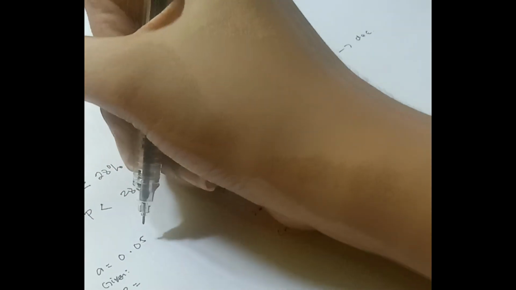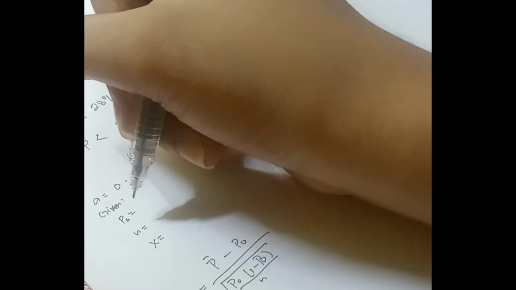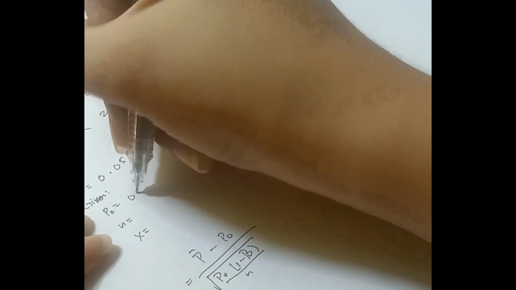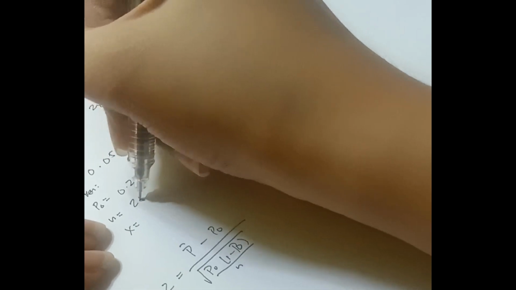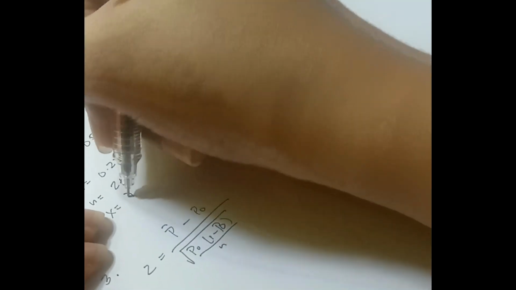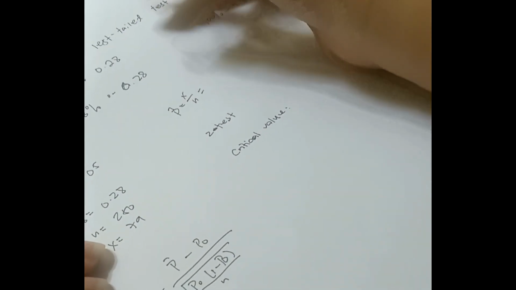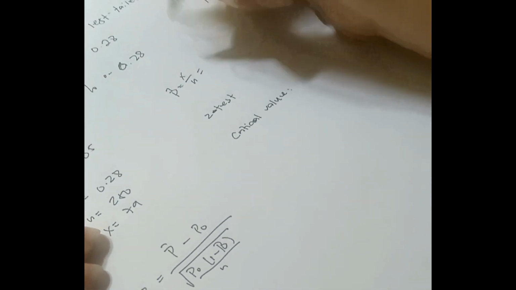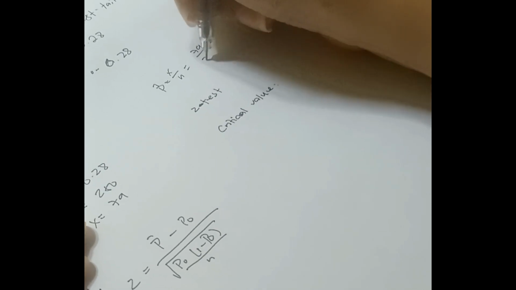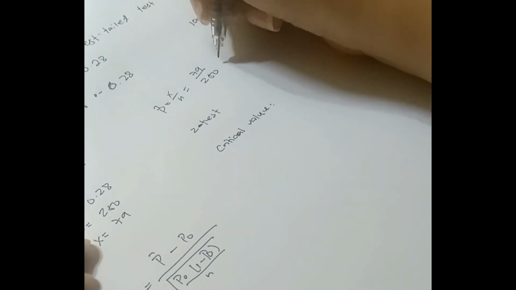So, we have 0.05. So, ito natin yung given, 0.28, 250 teachers, and 79 yung nag-respond. So, isolve din natin yung p hat, which is 79 divided by 250. We have 0.32.